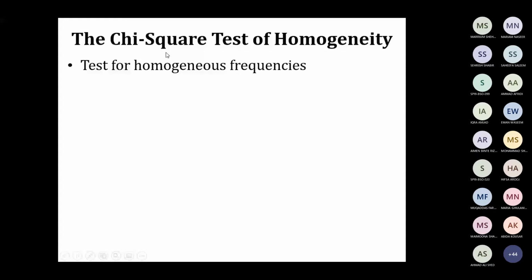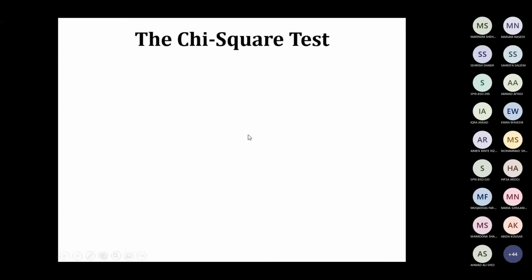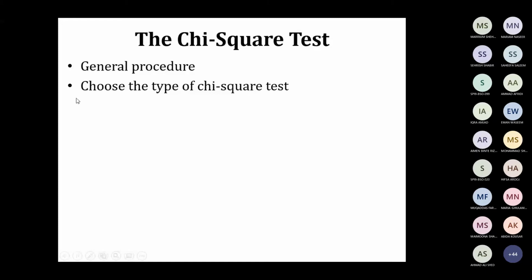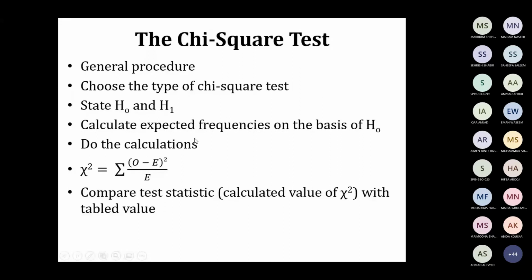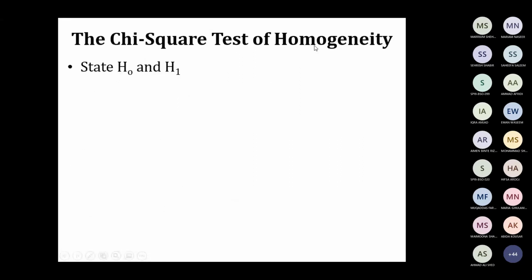So if you remember the general procedure, what was the first step, that you have to check the type of the chi-square test? And what is the next step? What is the second step? That you have to state the null and alternative hypothesis. So we have chosen our test, the chi-square test of homogeneity. Now we are going to state the null and alternative hypothesis.